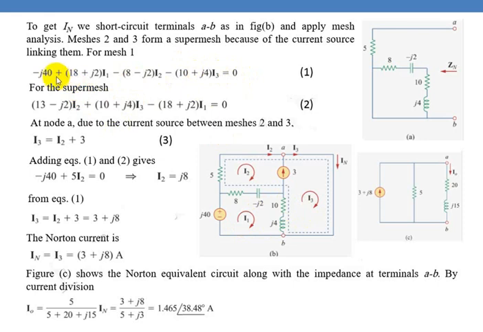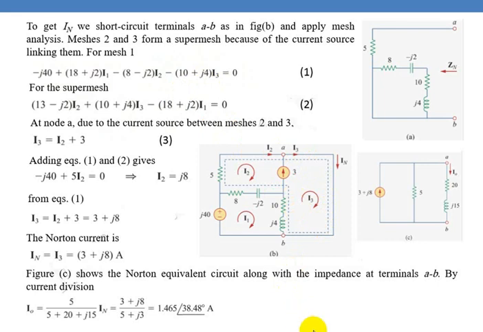So the algebraic sum of the voltage drops across the elements equals 0. So for the super mesh, you have to consider these two meshes and write the equation.